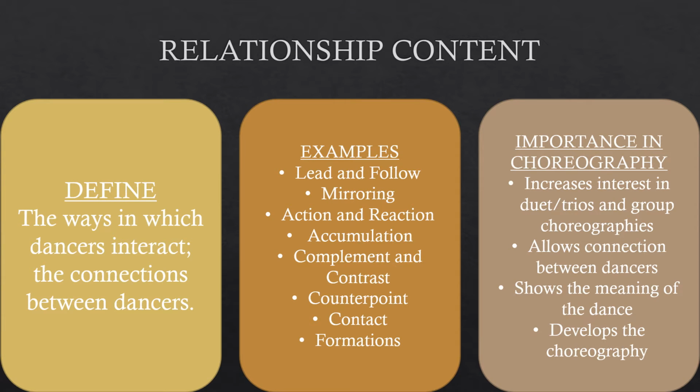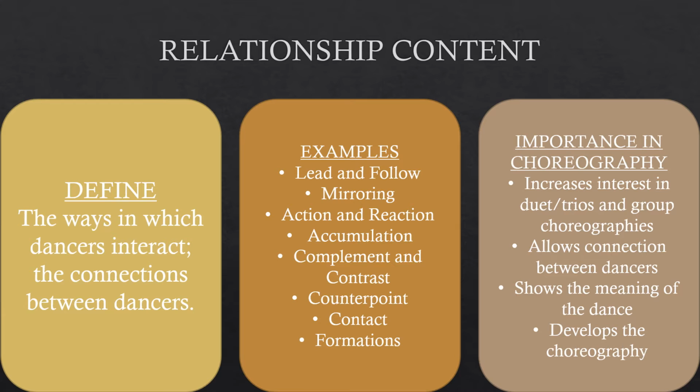So we've just gone over this, but the definition again is the ways in which dancers interact, the connection between the dancers. And some examples of relationship content: lead and follow, mirroring, action reaction, accumulation, complement and contrast, counterpoint, contact and formations.